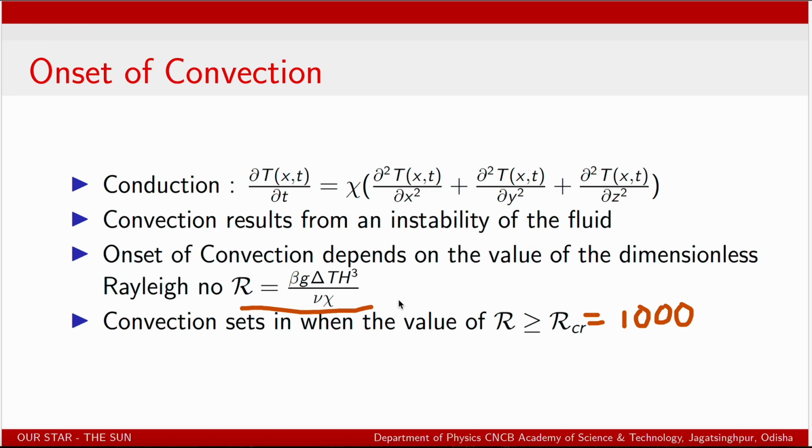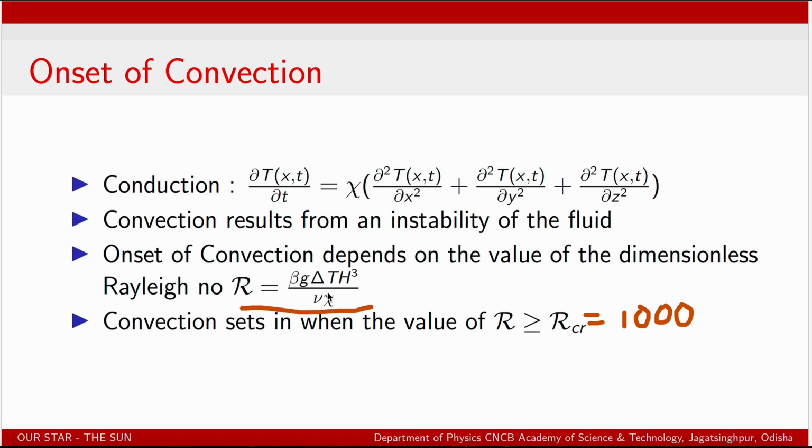As the Rayleigh number keeps increasing, the conduction is suppressed and convection takes over. You can tune the Rayleigh number by viscosity. If the fluid is less viscous, then this nu is small, and the Rayleigh number increases. Or I can increase the Rayleigh number by increasing the temperature difference, or by changing the diffusive constant.